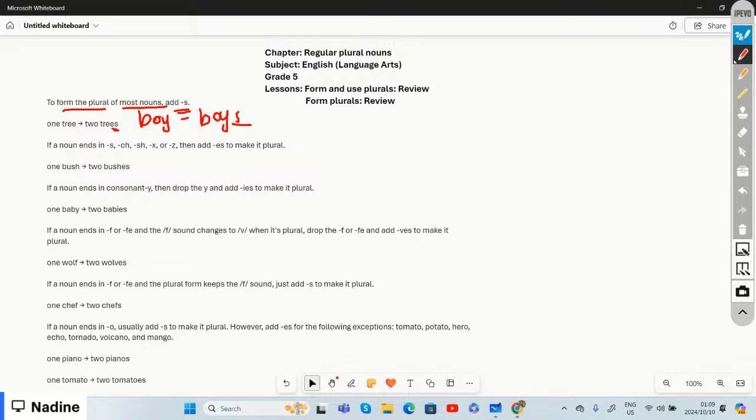Then the next one says, if our noun ends in S, CH, SH, X, or Z, then we need to add an ES to make it plural. So we add ES to make it plural.